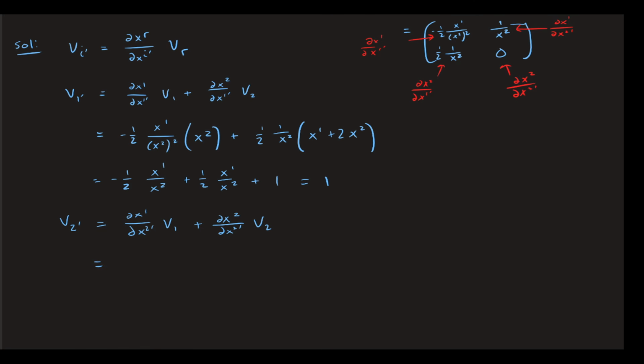So partial x1, partial x2 prime is supposed to be 1 over x2, times v1, which is x2, plus 0 times x1 plus 2x2. Again, that is just 1. So the v in the prime coordinate system, its components, represented by 1, 1 in the prime coordinate system.